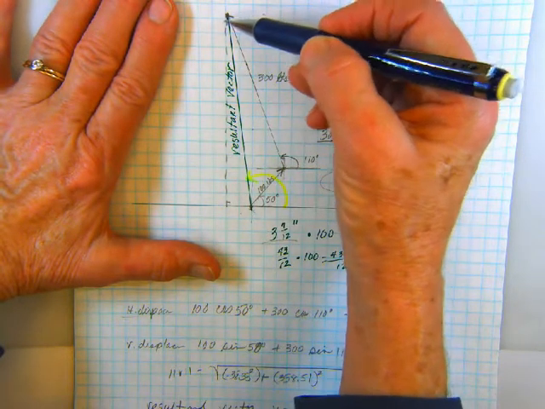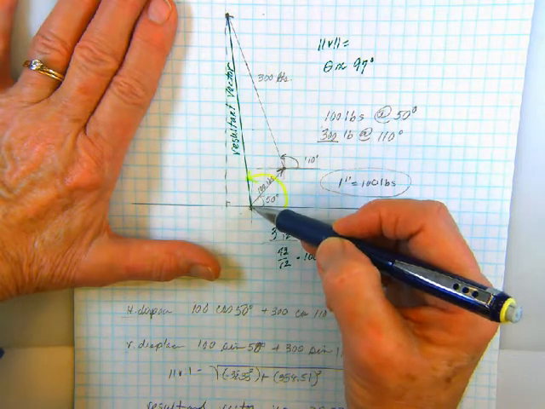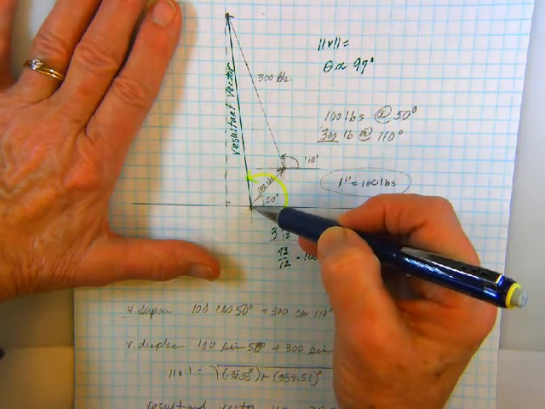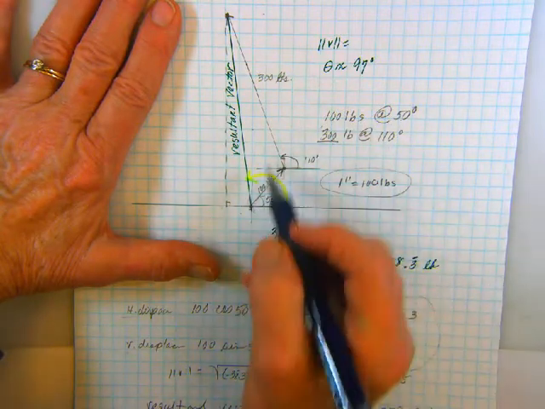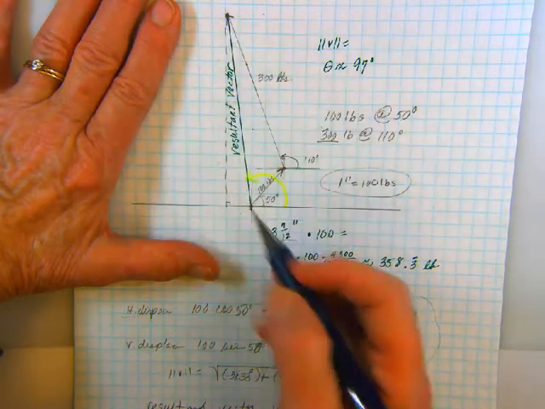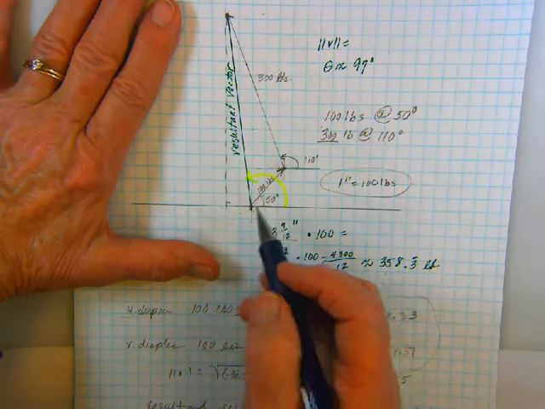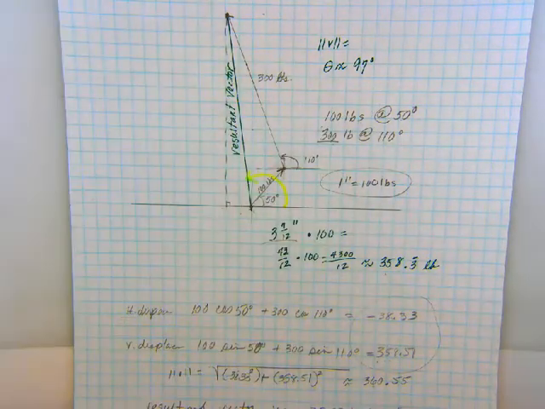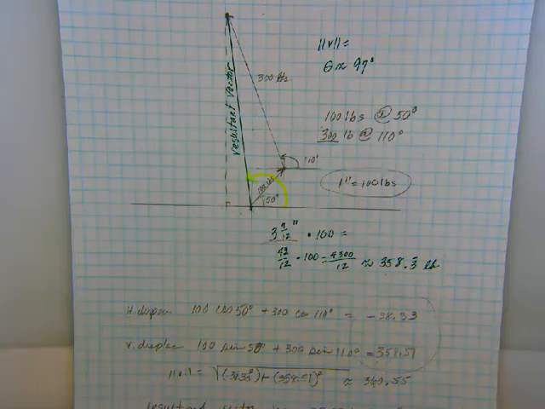I dropped it straight down and across from the place I started. This became a right triangle. If I could get the coordinates to that point, I would be able to get the X and Y, or the horizontal and vertical displacement of that.